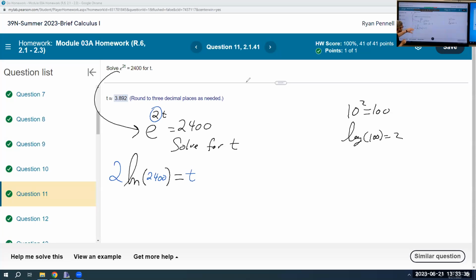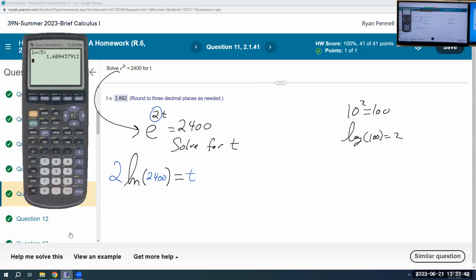But I believe the 2 should go here. Let's see if that works. So I'm going to try that in my calculator. Let's see if we get it. So 2 times ln, because we're doing natural logarithm, 2400. Okay. It was supposed to be 0.5 times natural log of 2400.